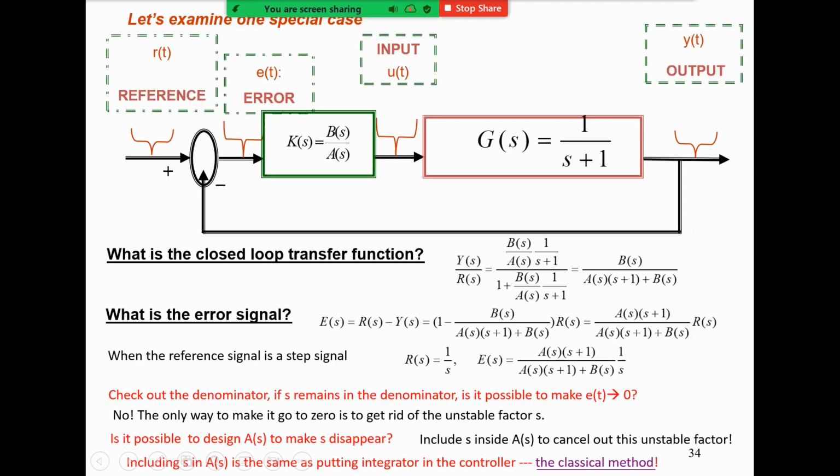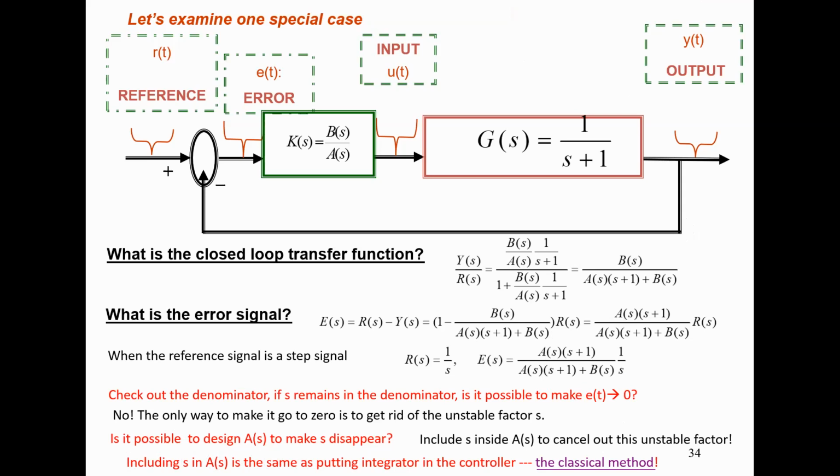We don't rely on the knowledge you learned as an undergraduate about whether an integrator is necessary or not. From this argument, we know we must put s into A to cancel out this s in the reference input, such that the error signal can go to zero. So we have to design something into the controller: that is the proper servo mechanism we have to implement.